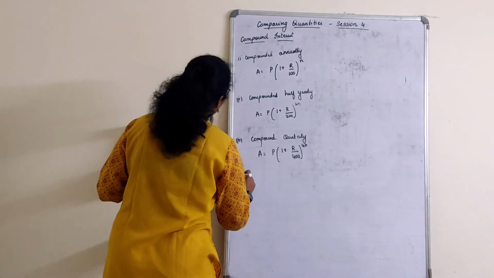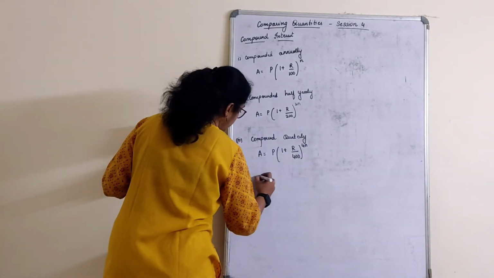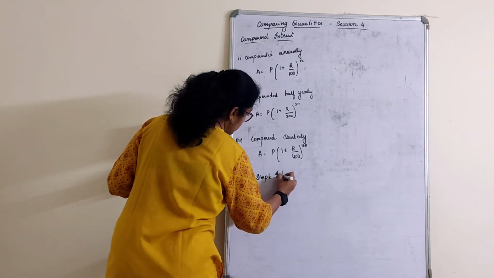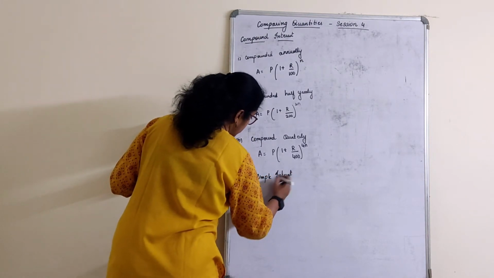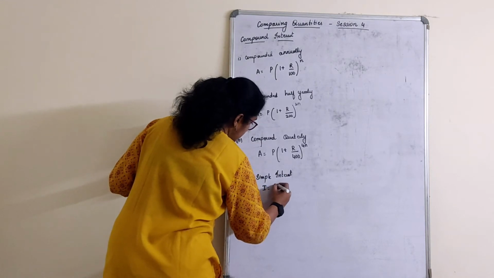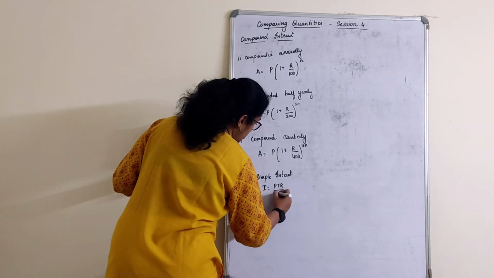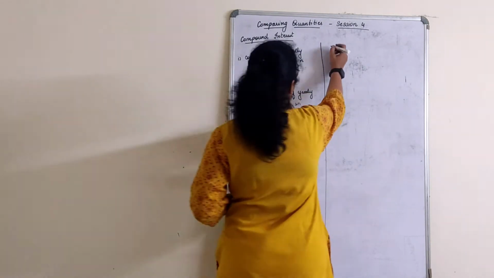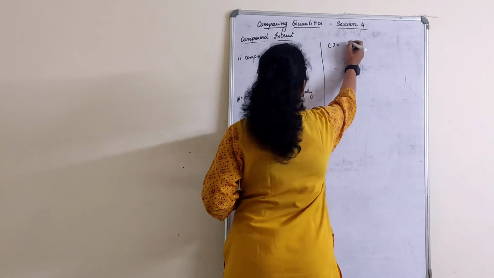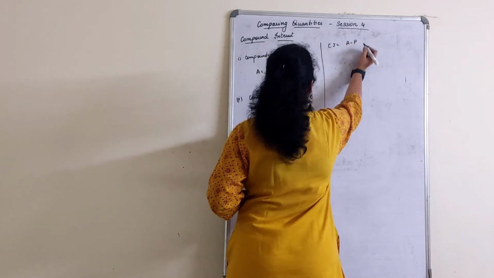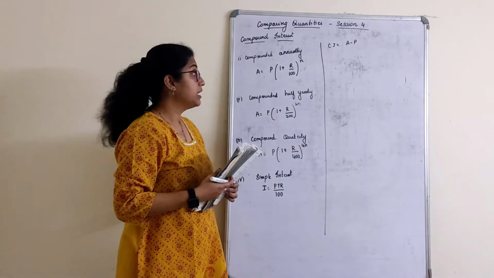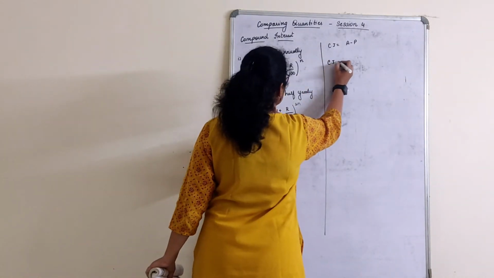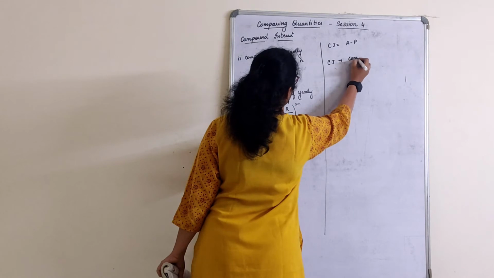The fourth formula is for simple interest: interest is equal to PTR over 100. Next, compound interest is equal to amount minus principal. Now, let us understand and write what all these things are. First of all, CI is compound interest.